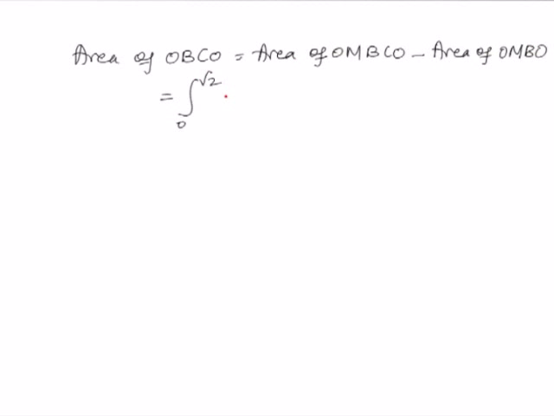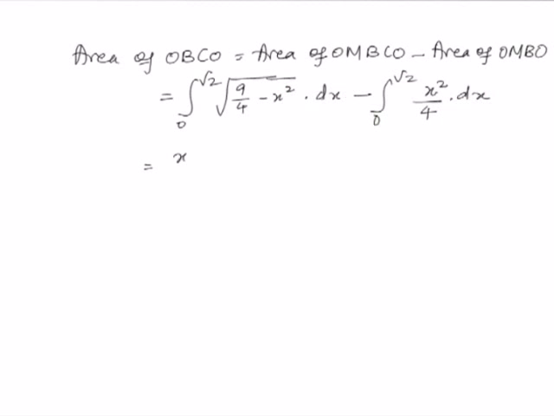Continuing on the same problem, area of OBCO is equal to area of OMBCO minus area of OMBO. So that is equal to integral 0 to root 2 of root of 9 by 4 minus x squared dx minus 1 by 4 times integral 0 to 2 of x squared dx.